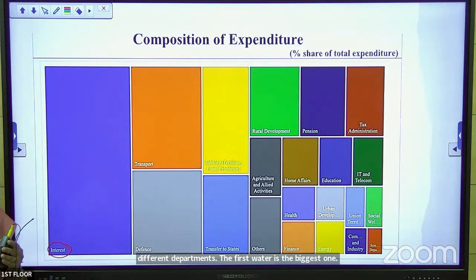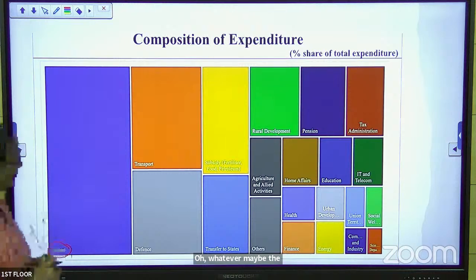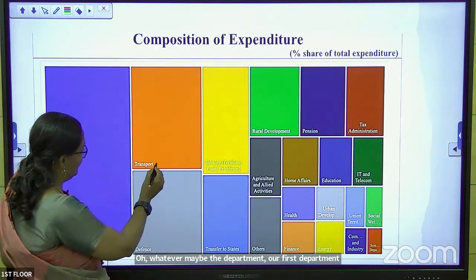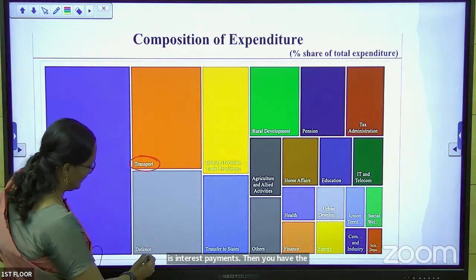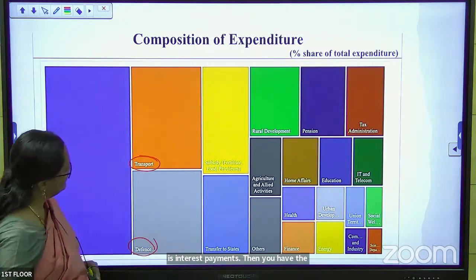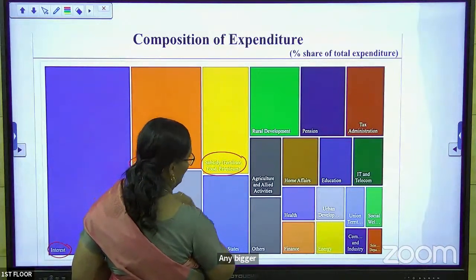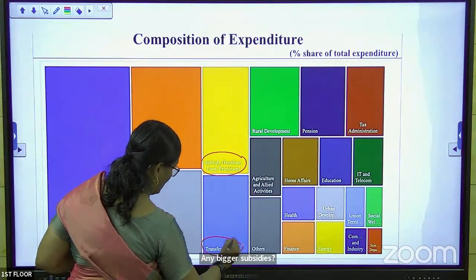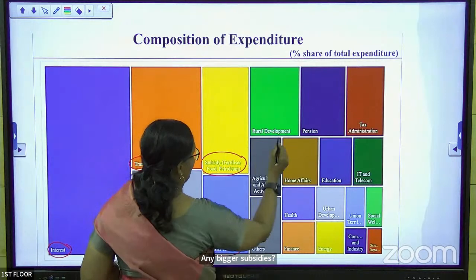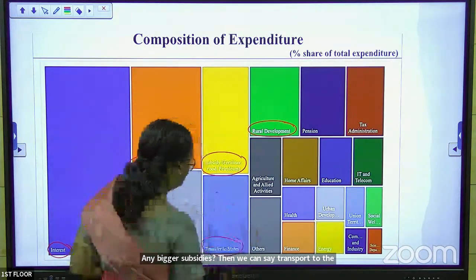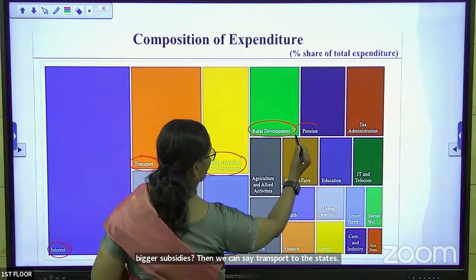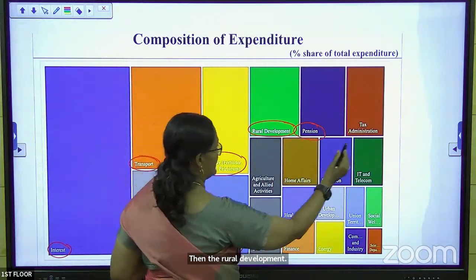Whatever may be the department, our first department is interest payments. Then you have the transportation, then you have the defense, anything bigger, subsidies. Then we can say transfer to the states. Then the rural development, pension, then the tax administration.